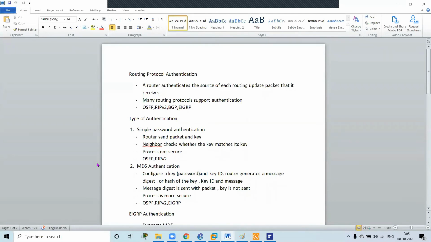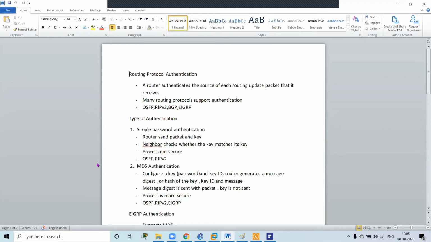Then MD5 authentication. We will configure a key, a password and a key ID. The router generates a message digest or hash of the key ID and message. This message digest is sent with the packet. The key is not sent.